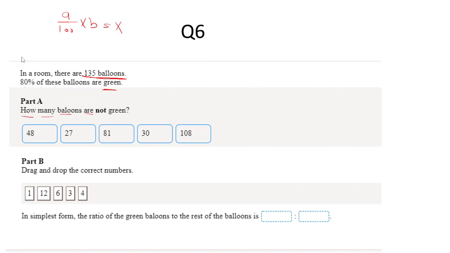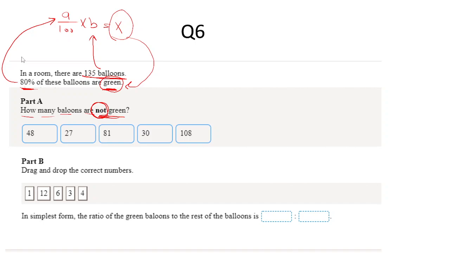How many balloons are not green? Here it says 80% are green, and the total number is 135. So 135 is the full amount. 80% are green, which means x will be the number of green balloons.